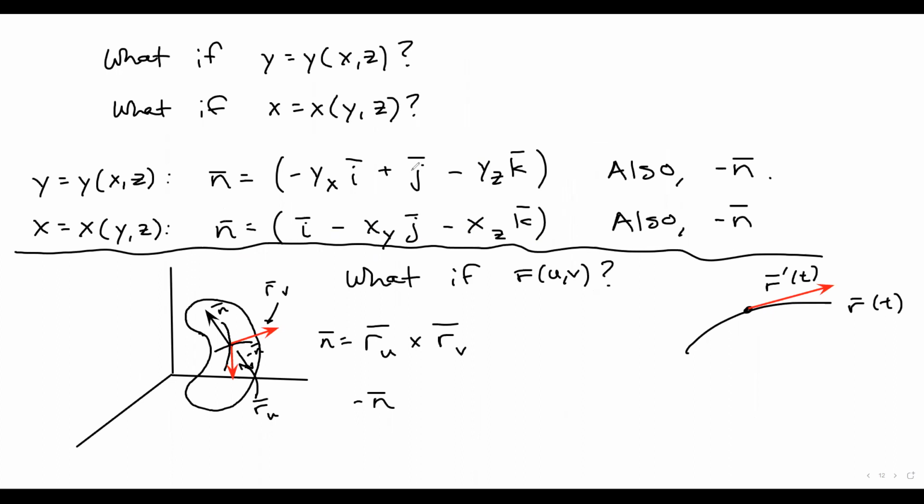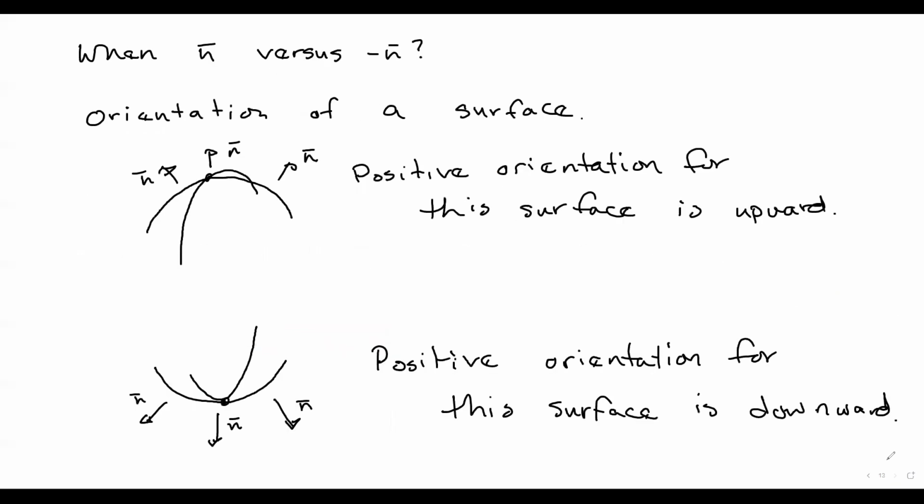If we had a bend in our surface so that the n pointed to the left, we'd want to use negative n instead. It's just a step when doing the problem where you pause and ask, do I want n or negative n? Do I want an upward normal vector or a downward normal vector? And again, it depends upon the shape of the surface. That's what we're talking about here.